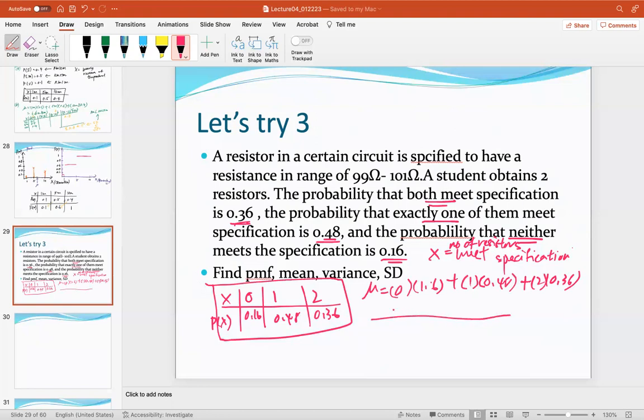Variance is simple. We need x minus the mean, power of 2, and then x minus mean power of 2 times fx.